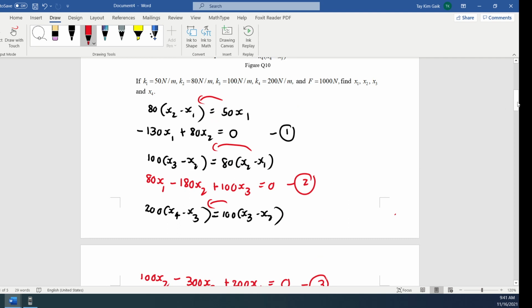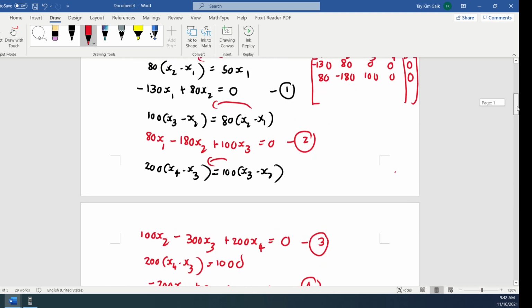If you want to put it into the system with x1, x2, x3, x4 and the right hand side b: equation 1 has negative 130, 80, 0, 0, and 0. Second equation: x1 is 80, x2 negative 180, x3 is 100, then 0, 0.